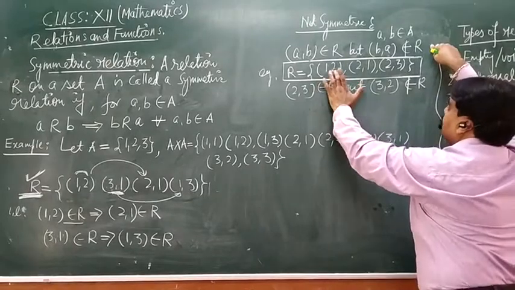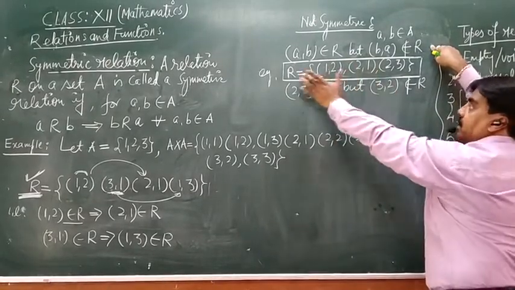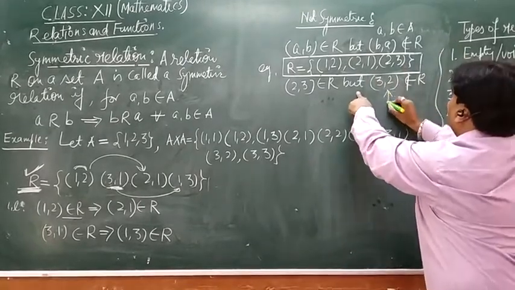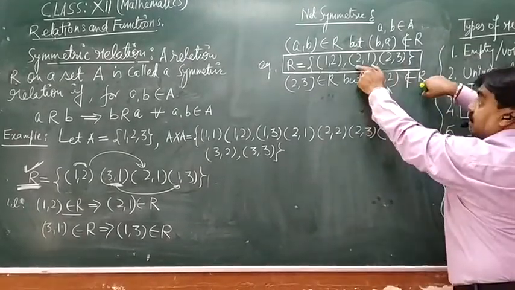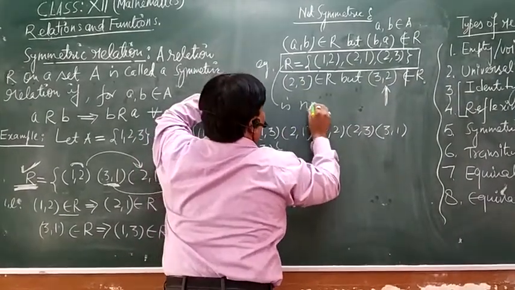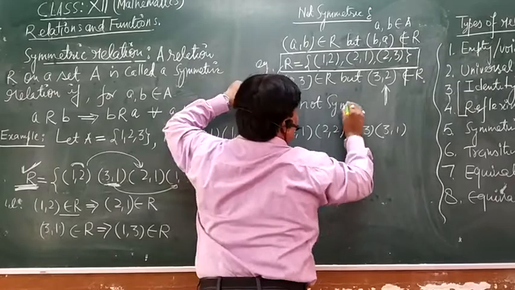See, here is (1, 2), and (2, 1) is also in this R. (2, 3) is here, but (3, 2) is not in R. So therefore you can say this is not symmetric.